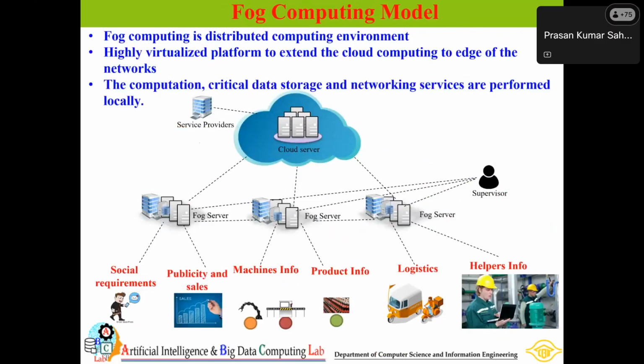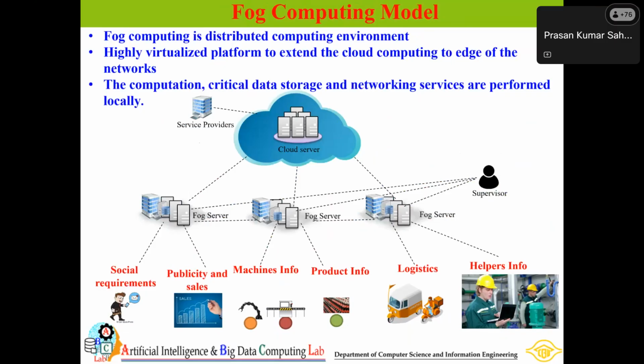Normally, cloud computing is considered the core computing, and fog computing is considered a distributed computing environment. Since the cloud is a centralized system, the fog computing environment can be created in a smart city at different locations, as a highly virtualized platform to extend cloud computing to the edge of the network.